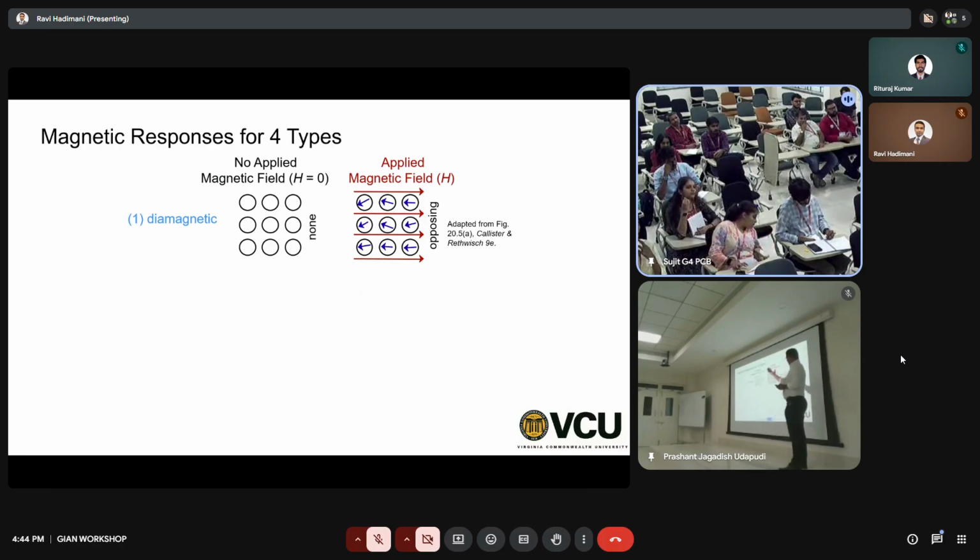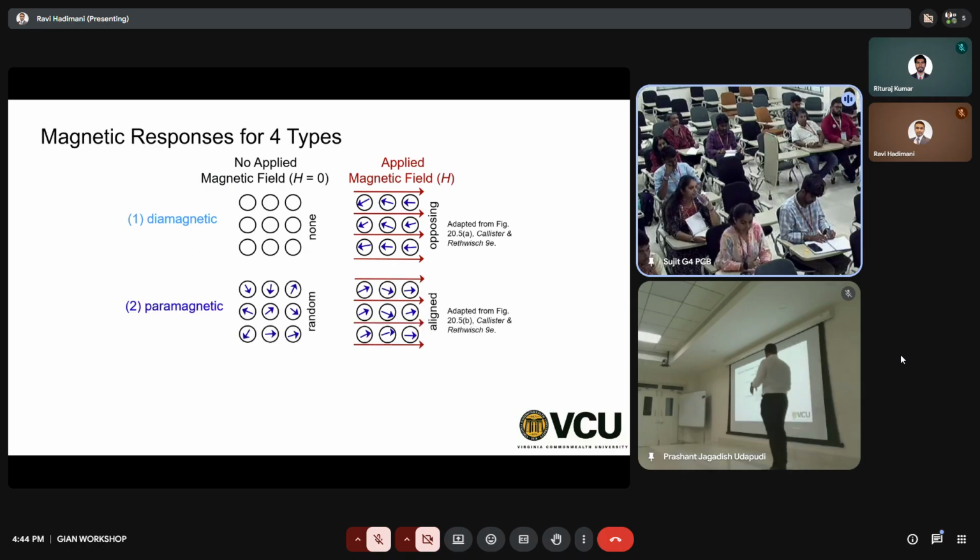If the field is applied in one direction, the spins orient in the opposite direction. If there is no field, they don't have a direction, they're just spinning around. That's diamagnetism. So the magnetization will be negative for these materials when you apply a field. It will be zero at no applied field, but if you apply a field, the magnetization becomes negative.